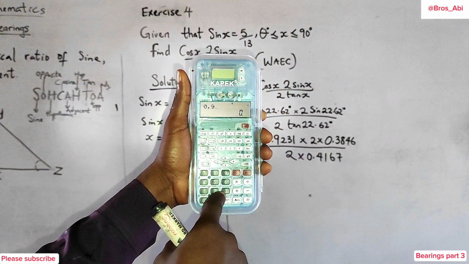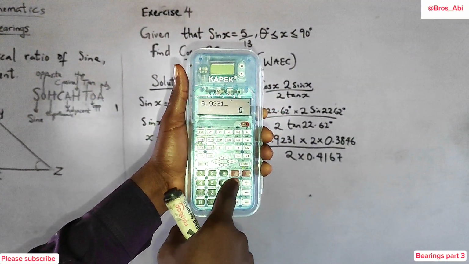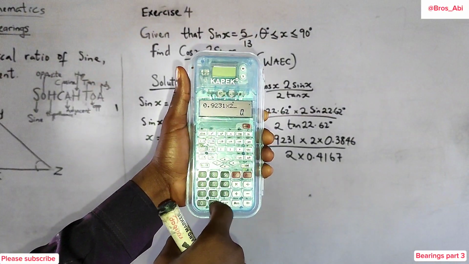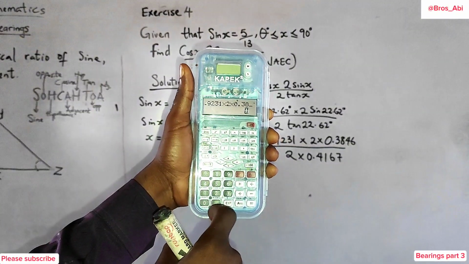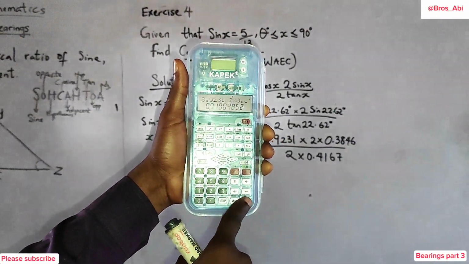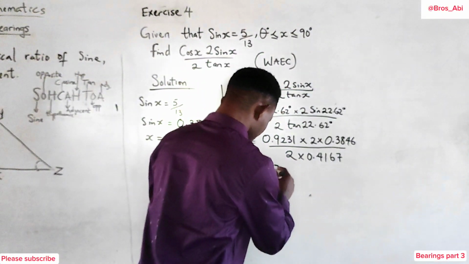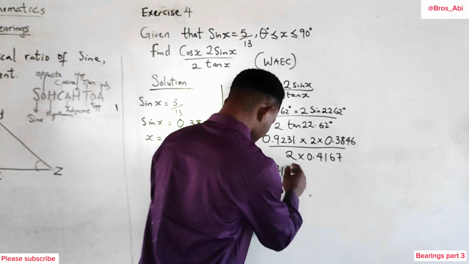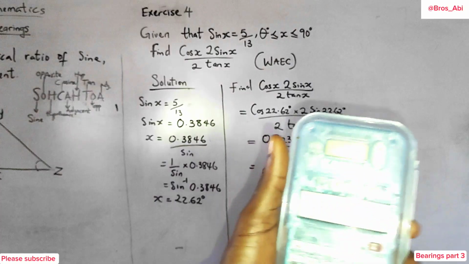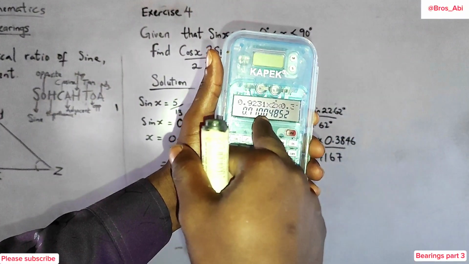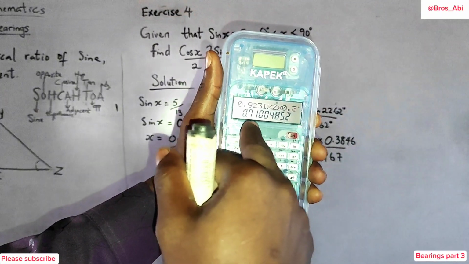Now we have 0.9231 times 2 times 0.3846 equals 0.7101. We round up 8 to 4 and 4 becomes 5, 5 to 0 and it becomes 1.